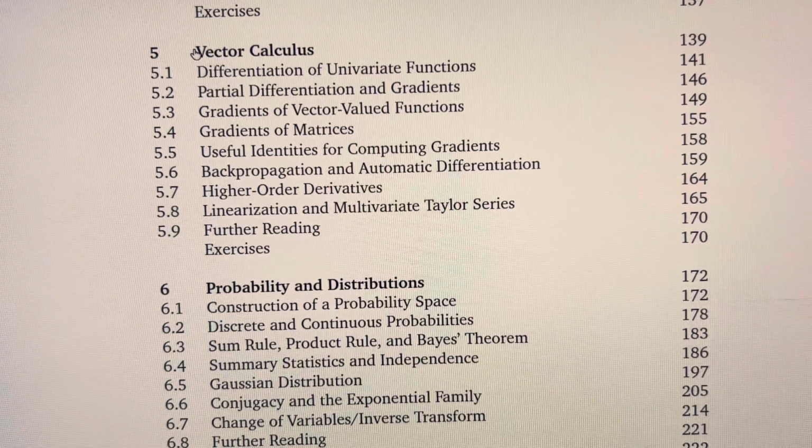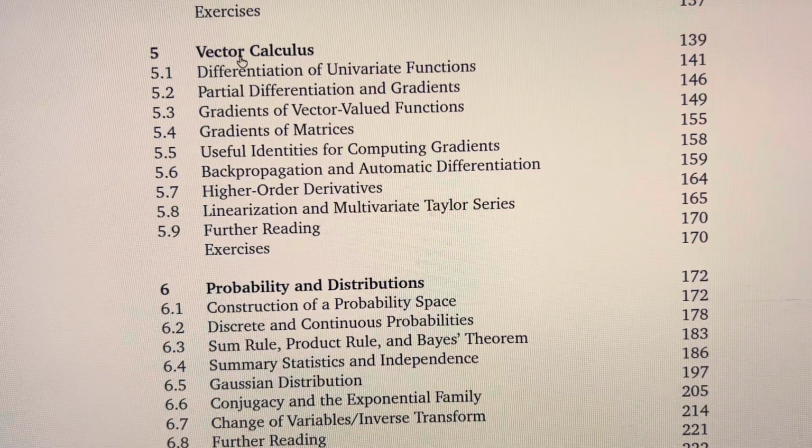But this chapter is directly about vector calculus. This might be the only chapter which I feel you will need more prerequisite than the others. The others are relatively easier concepts to learn, especially linear algebra and matrices and other things, but calculus, at least differential calculus, is going to be required.